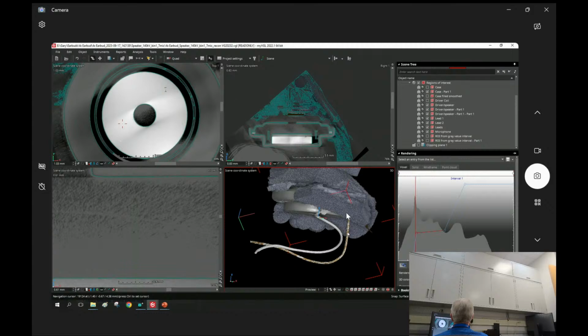We're just mapping colors to it so that we can more easily distinguish differences between different parts of our sample. Now, again, we have to be careful, like in all other measurements and conversions, that we do it right, but it's still a very useful tool.